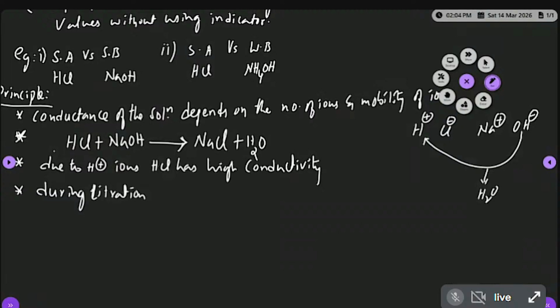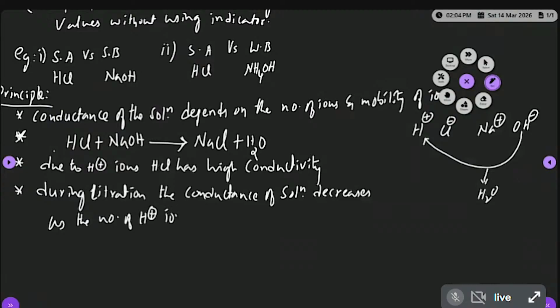ఓకే, సో కాబట్టి డ్యూరింగ్ titration the conductance of solution decreases as the number of H plus ions neutralized by NaOH, OH minus ions.